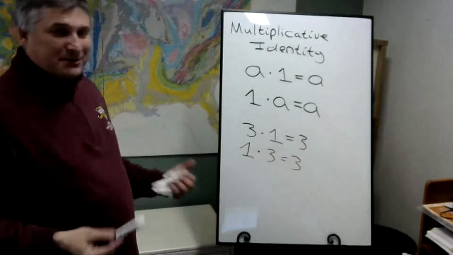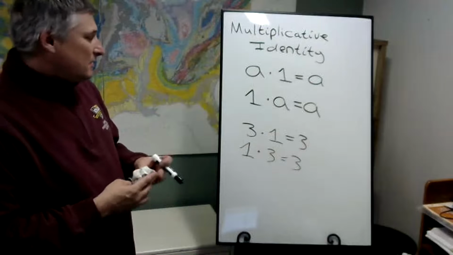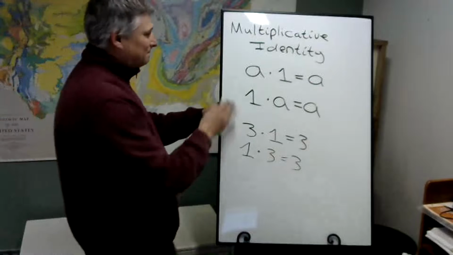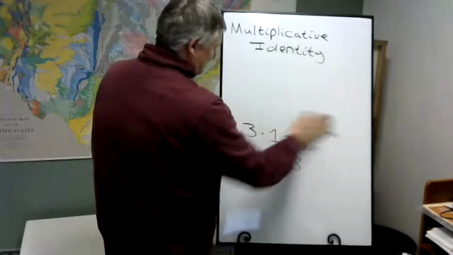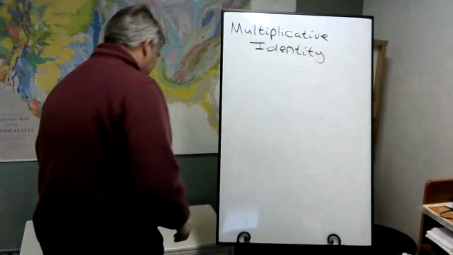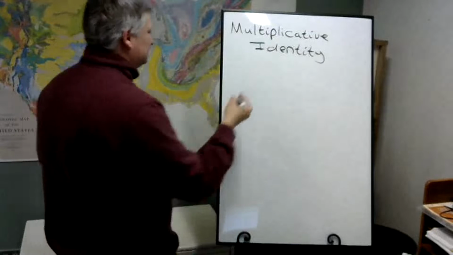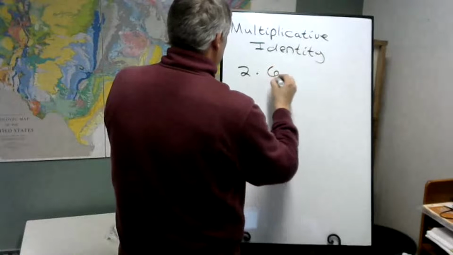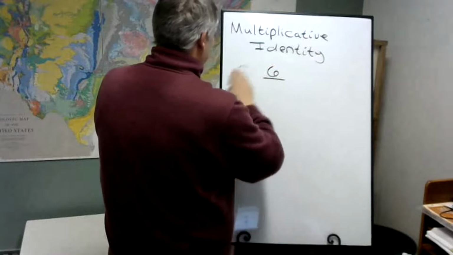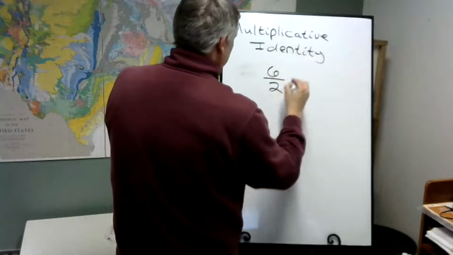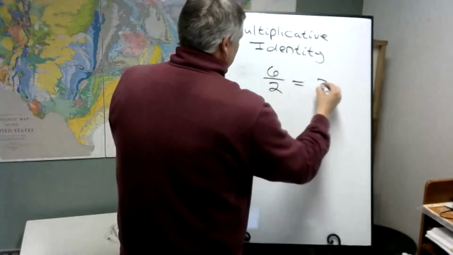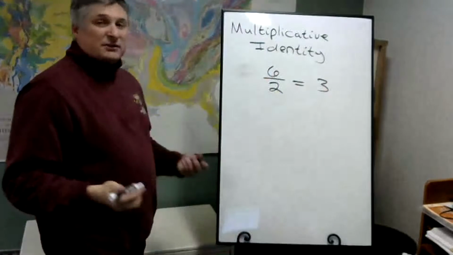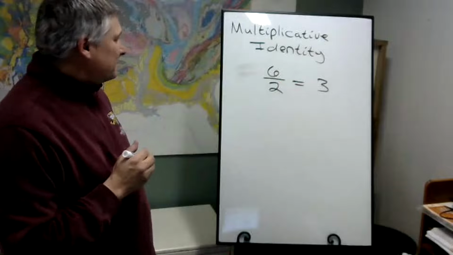So how does this work for algebra? Well, this is how we're going to use it. Six over 2, or 6 divided by 2, is 3.